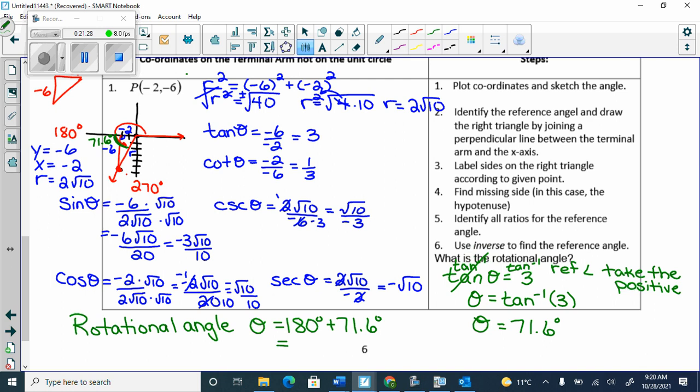And what do I get? Does that make sense, where it's drawn and where it's landing? Yeah. Seems realistic, doesn't it? Okay. Next one.